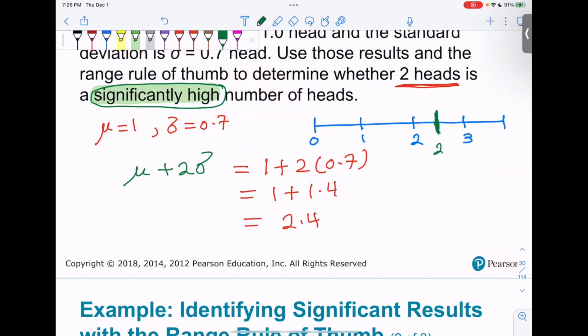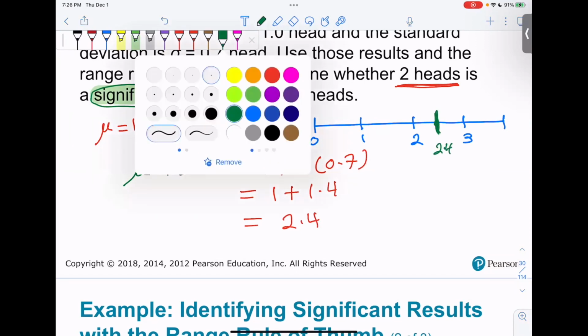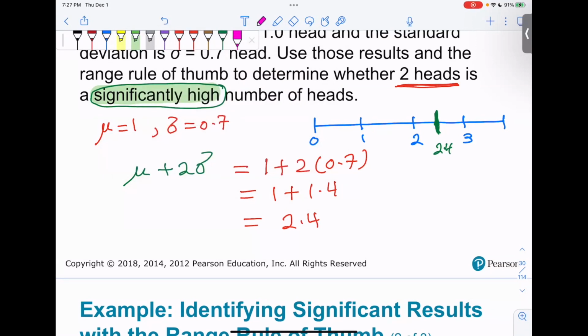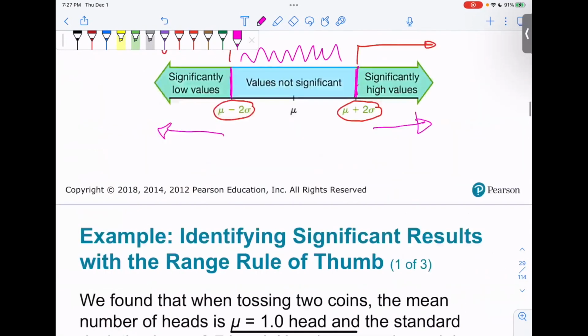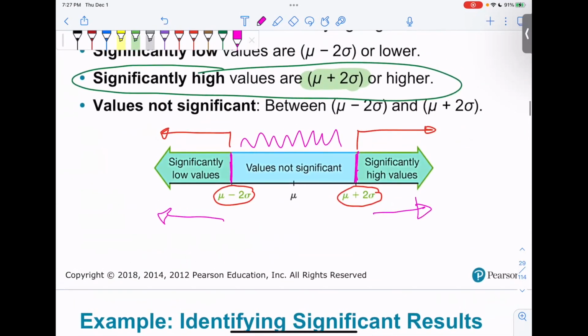Any value greater than this will be significantly high. But since 2 is smaller than 2.4, two heads is not significantly high.